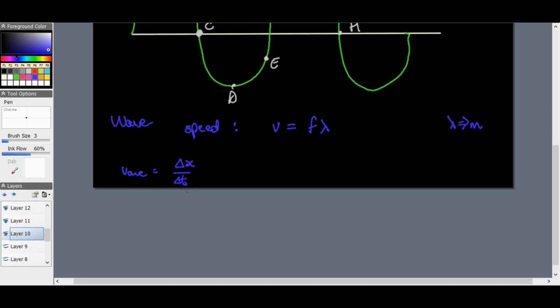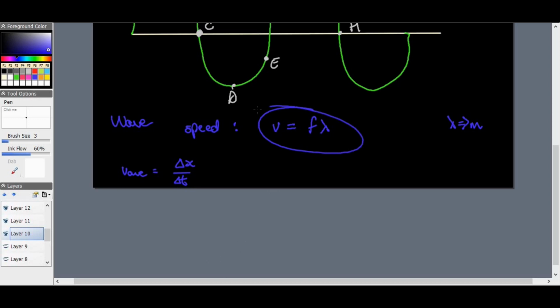We've probably seen this in mechanics, where delta x is the displacement, the difference in position in meters of a point on the wave, for example a crest or trough, and time is in seconds, for how long it takes to complete. We'll just use the time point that is on the graph.